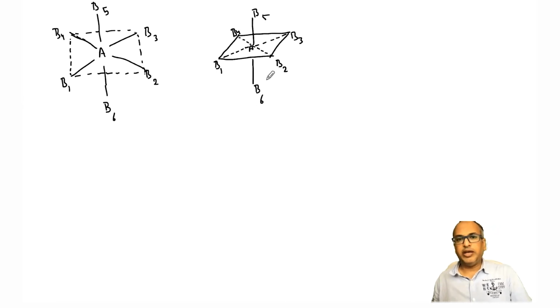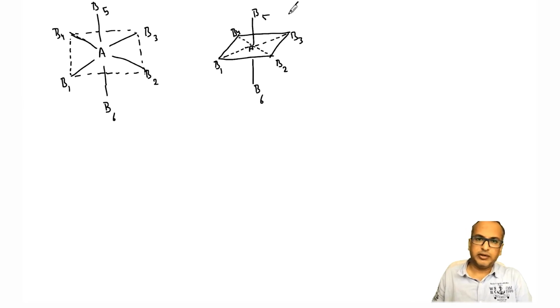Now another way to look at this molecule is very interesting. If I'm looking from this side, just see that if I connect B5, B3 and B2, it forms the face of an equilateral triangle.